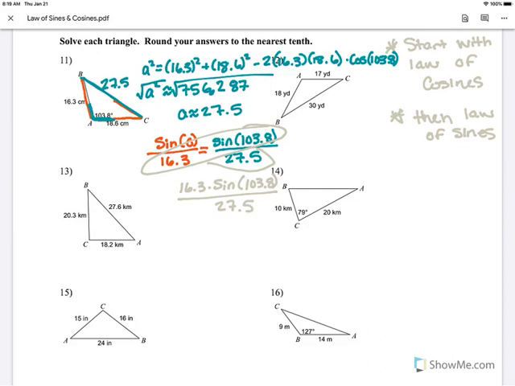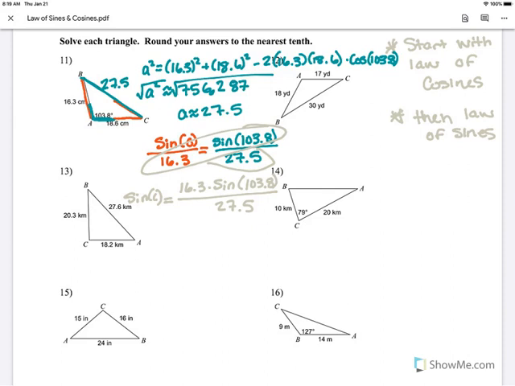So go ahead and type that in your calculator, and this is going to equal the sine of C. Oops, that should be divided by.